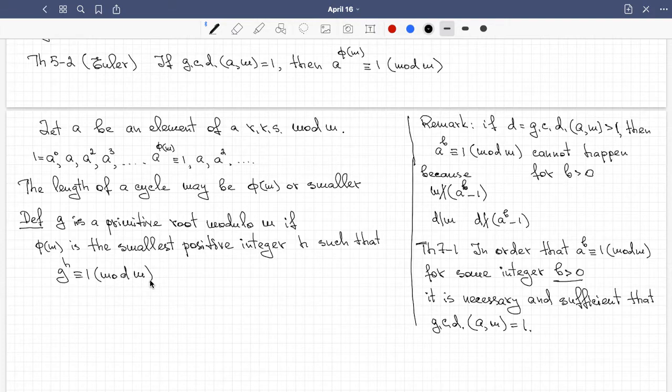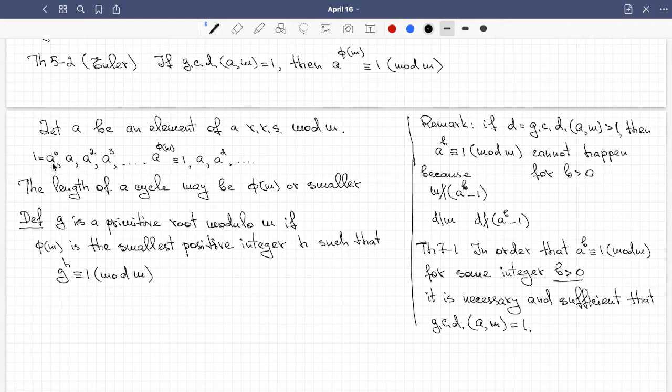So for sure, we start with g, an element of a reduced residue system modulo m. For sure, g to the power phi of m is 1 by Euler's theorem. However, there may be a smaller integer h such that g to the power h is congruent to 1 mod m.